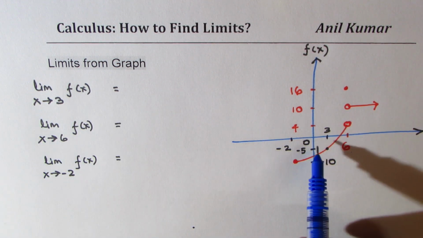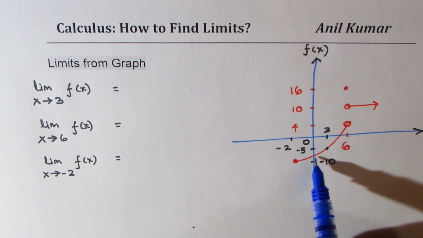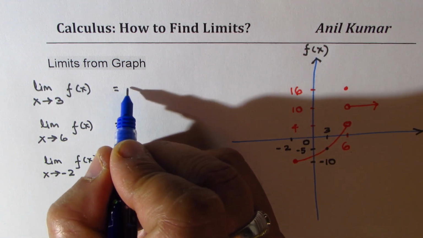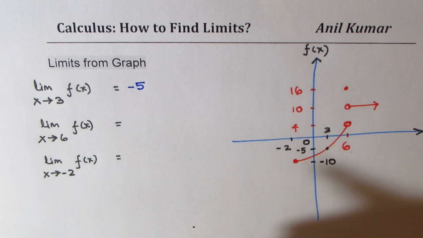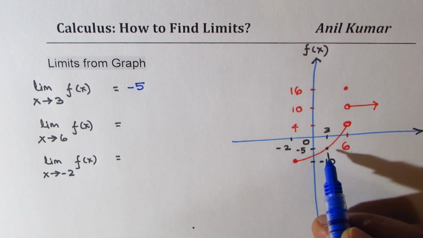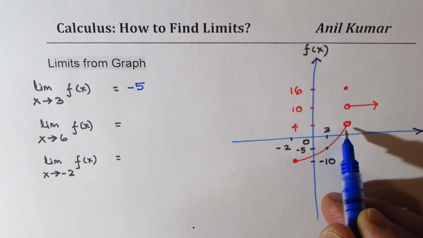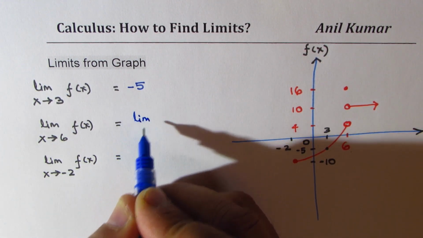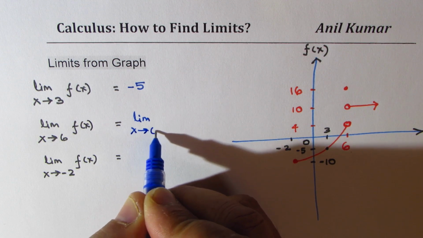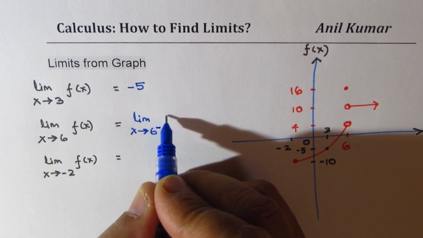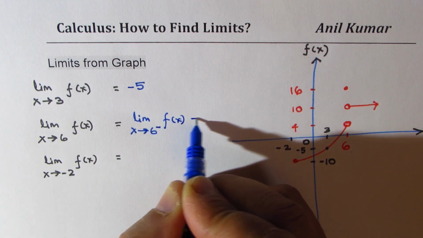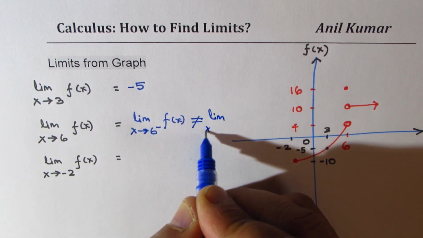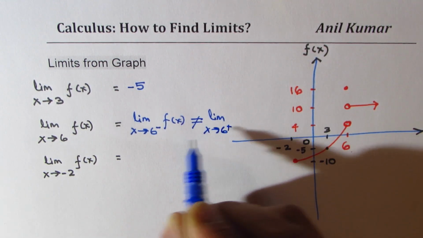Now as x approaches 3, from both sides we approach a value of minus 5 and therefore this limit is minus 5. As x approaches 6, the limit from the left side for this function is not equal to the limit as x approaches 6 from the right side.